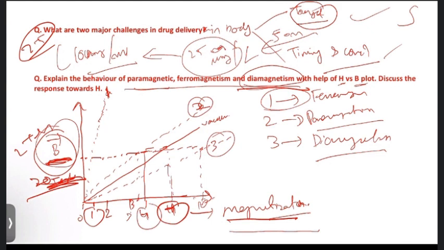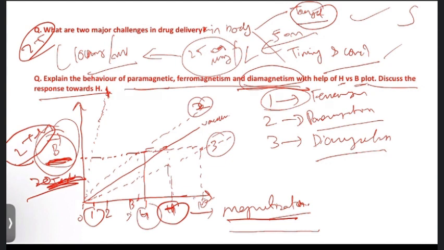Got it? Have you followed this? I am discussing the response toward H. A small amount of H will give bigger values of magnetic field. But to get the same amount of magnetic attraction from materials 1, 2, and 3, the magnetization values have to be different. For paramagnetism, it is around maybe 4.